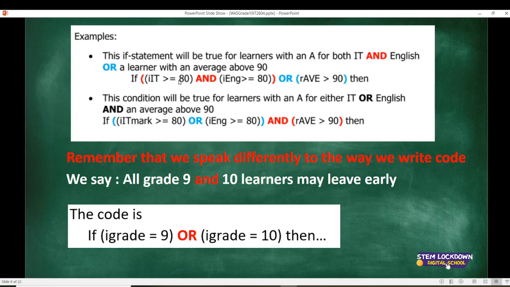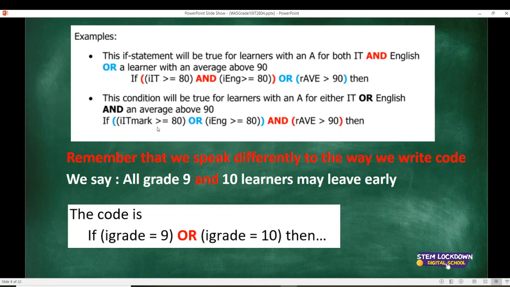So they've got to have 80 or above for IT and English, or they have to have an average over 90. If, however, we swapped it around and we said if the IT mark is greater than or equal to 80, or the English mark is greater than or equal to 80, and the average is greater than or equal to 90, then only one of these two has to be true, and the average needs to be over 90.